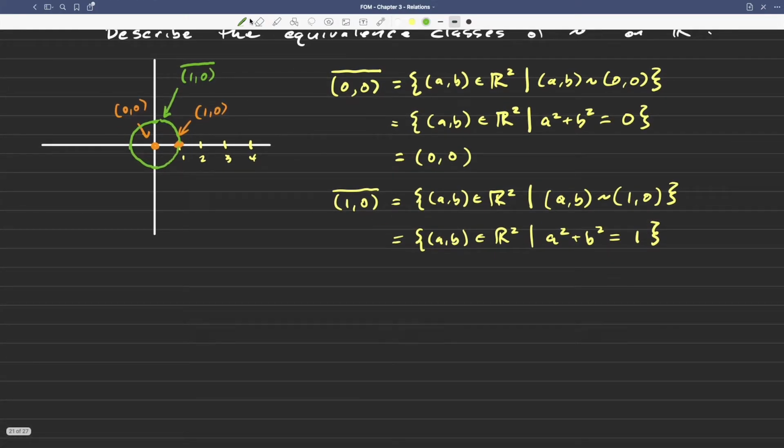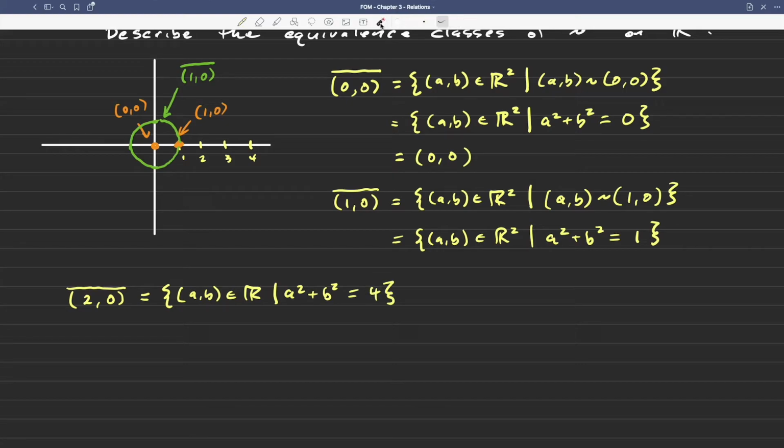But let's check a few other examples before we make up our mind about what's going on. How about 2, 0 bar? Well, just like before, this will be the set of all points in the plane with the property that AB is equivalent to 2, 0. So that would mean A squared plus B squared needs to equal 2 squared plus 0 squared. So that's 4.